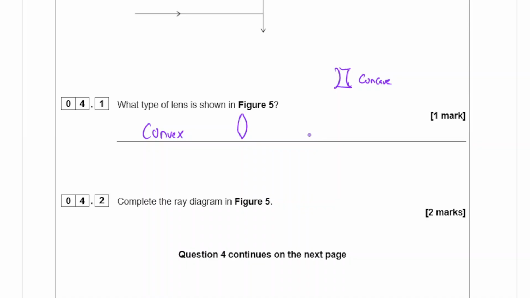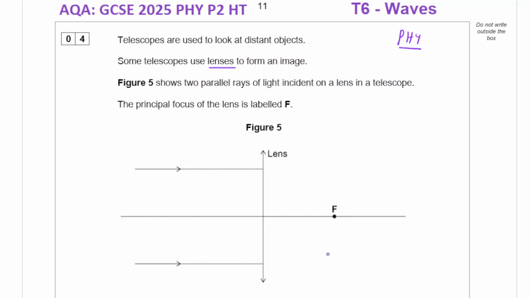Complete the ray diagram for 2 marks. So you need to start that line from here, from the top, and it should go through F. I can get it straight, be a straight line. Start from there.